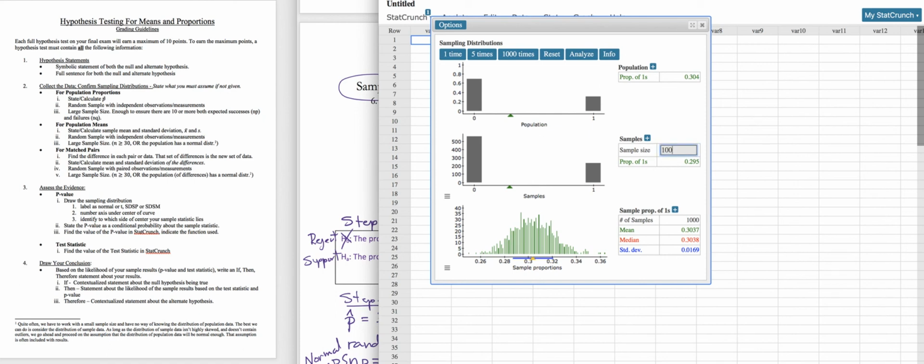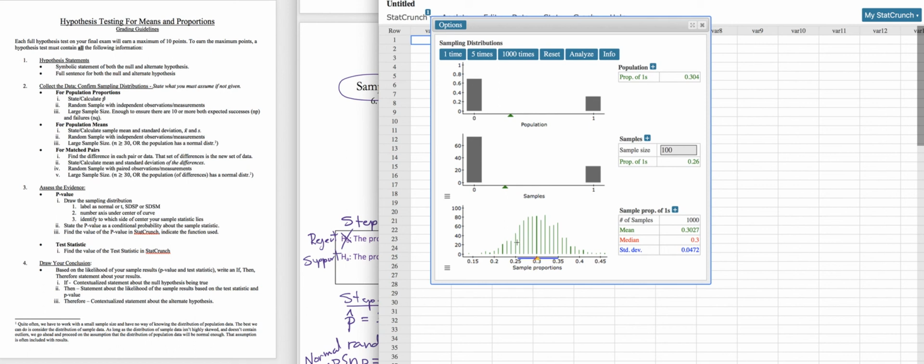But if I had that exact same sample proportion of 0.26, but I had it with a sample size of 100 instead, now I don't have evidence to reject my null hypothesis because I'm in here pretty close to center.